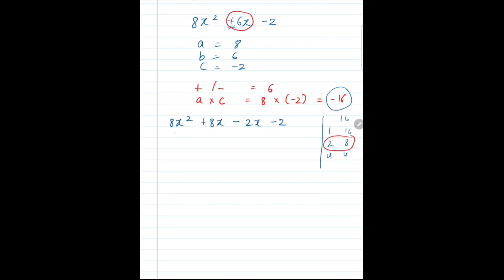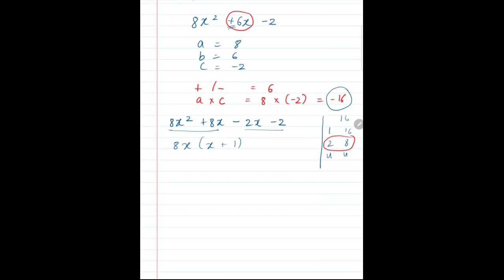Okay, now as we have 4 terms, we are going to take common out of 2 terms. Now here we have 8x common. I am left with x here, and in the second term I'll be remaining with 1 only.